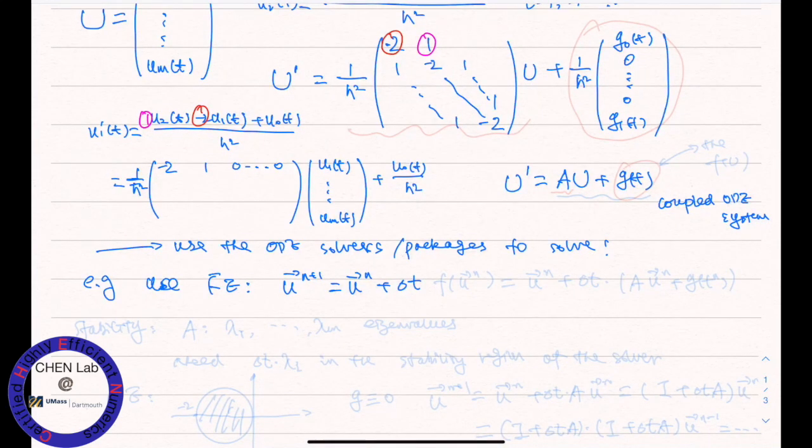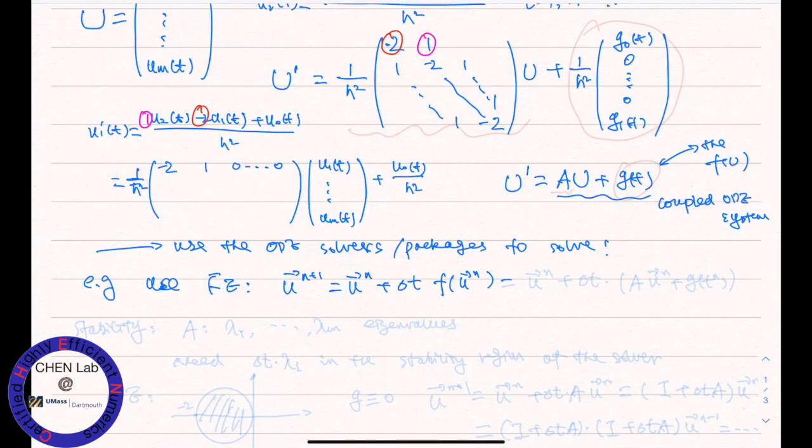This AU plus G, that was our F. So this is like the F of U. So this is delta t times that F of U at time level n.